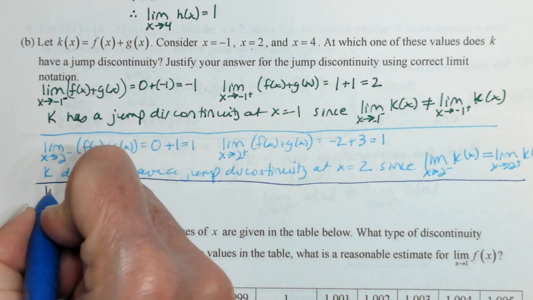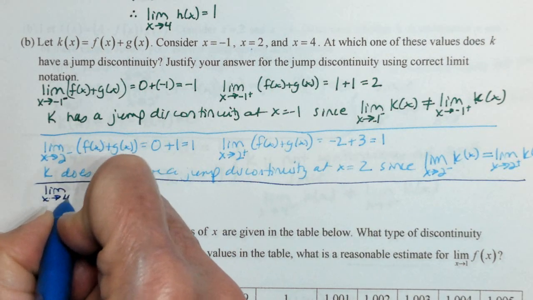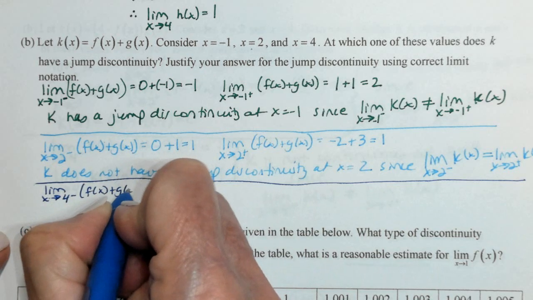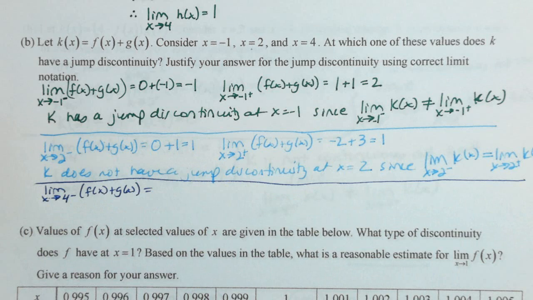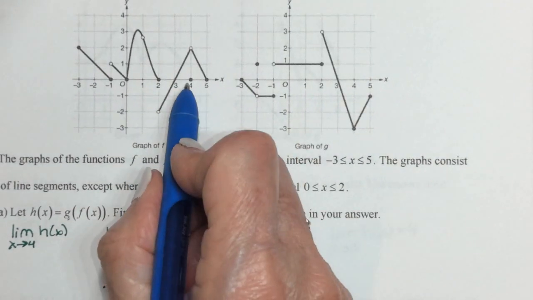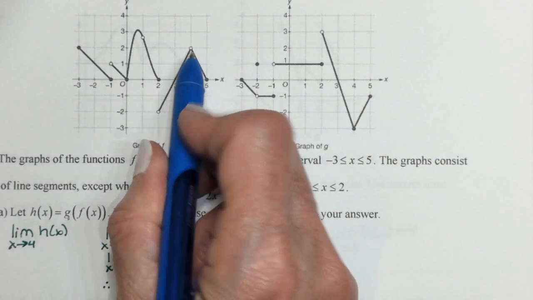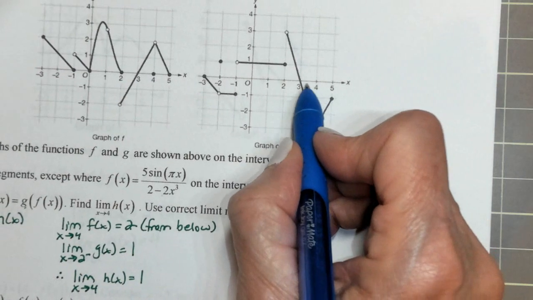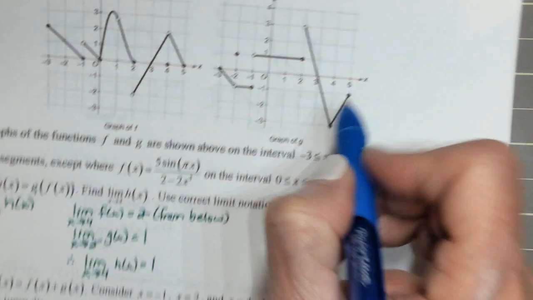Same thing. So limit as x approaches 4 from the left. So 4 from the left, for g, is 2. For f, 4 from the left is -3.